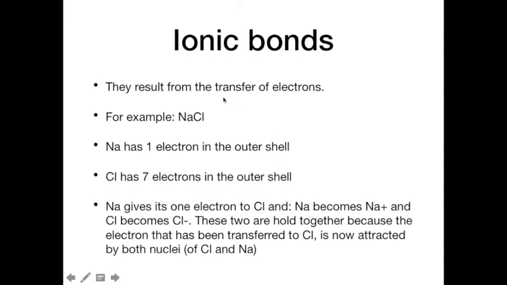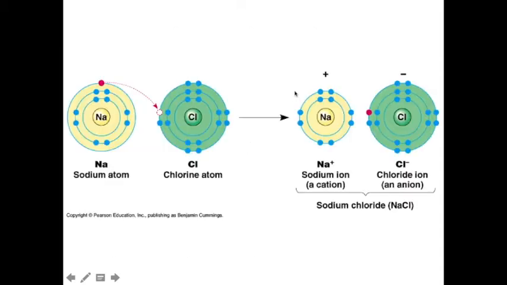Now, ionic bonds are the result of the transfer of electrons. Let's see this example. The sodium atom has 1 electron in the outer shell. The chlorine atom has 7. The sodium atom gives 1 electron to the chlorine atom, and therefore this has a full outer shell with 8 electrons, and this has again a full outer shell with 8 electrons.